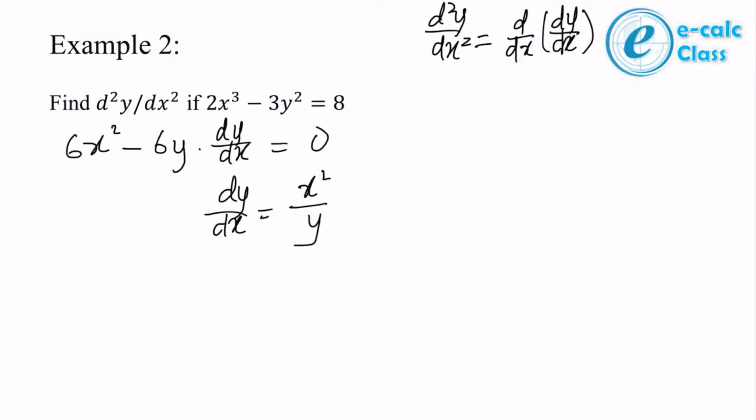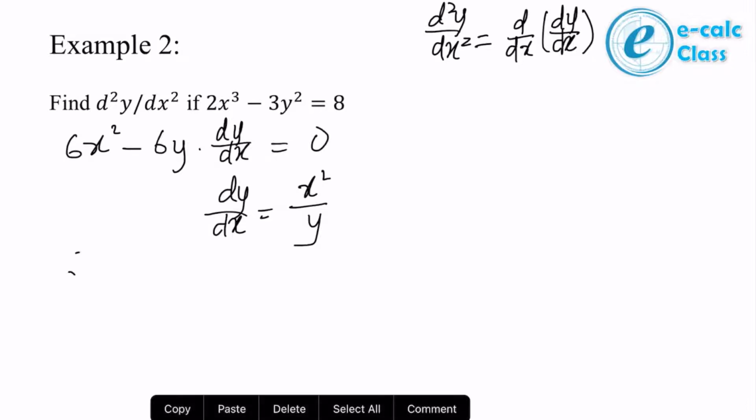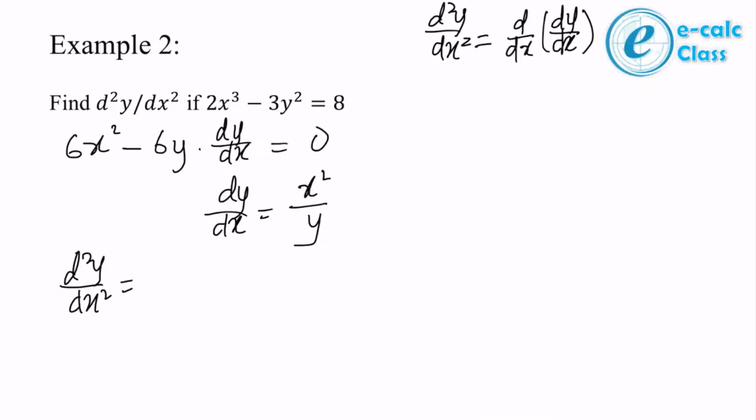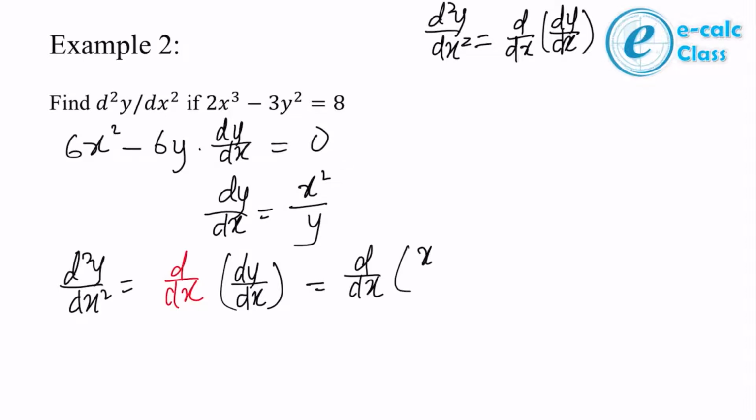But the thing I want to talk about in this example is actually the second derivative, d2y dx squared. Like I said, you will differentiate dy dx. And who's your dy dx? This fellow here, d dx of x squared over y.